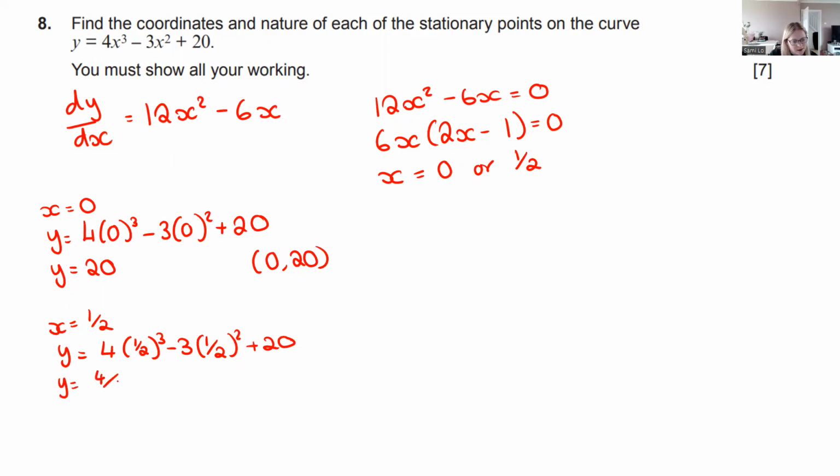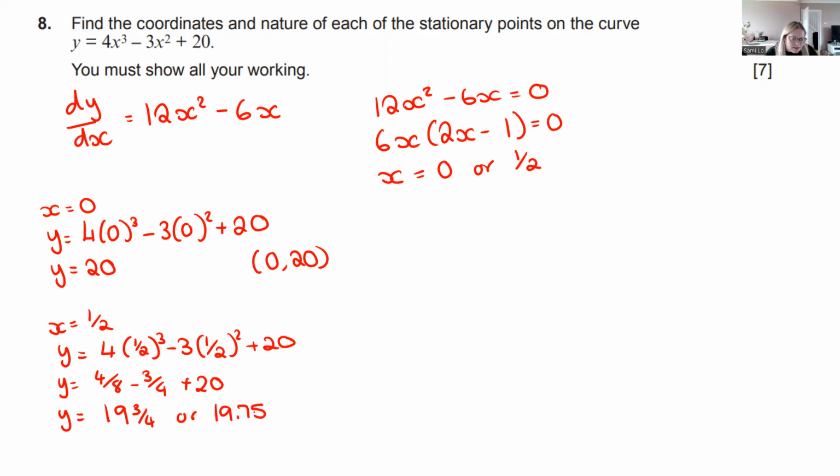Again, you can do this in a calculator if you wanted to. That's 1 over 4, 3 over 4. That's 20. So that's going to give us minus a quarter. So y is going to have to be 19 3/4, or 19.75.